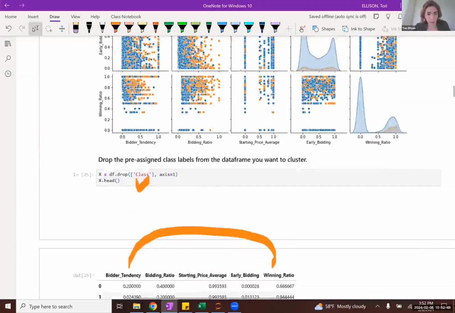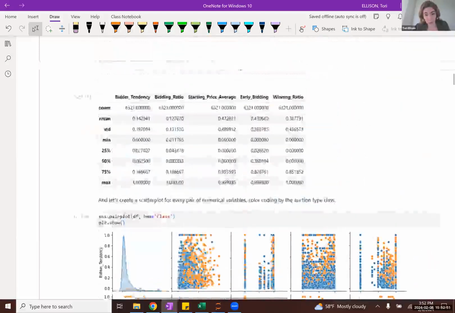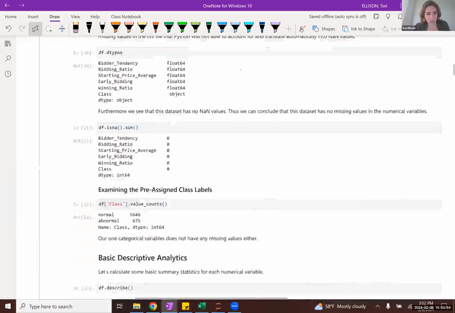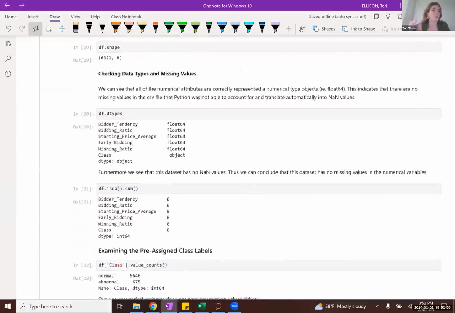Now, another thing that we're exploring in our current homework assignment is whether or not you might want to scale your data set first.